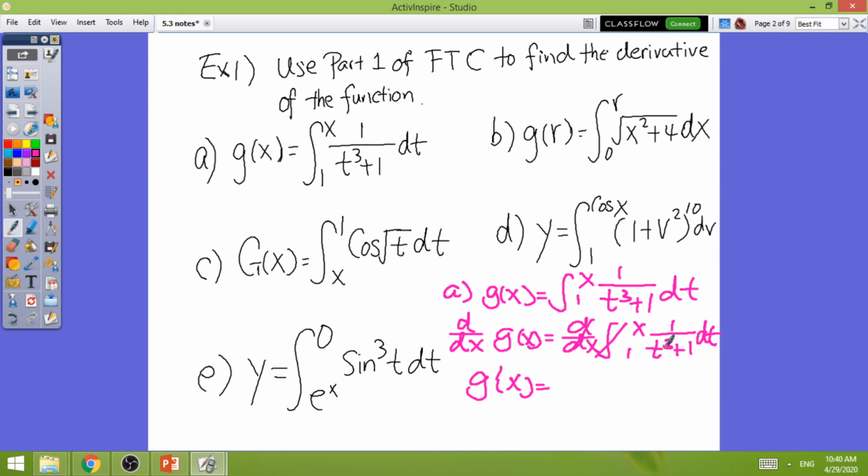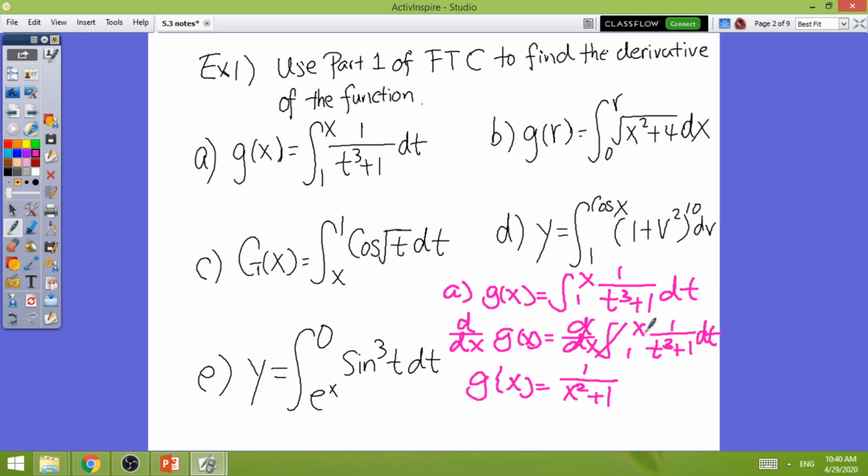The original function here, the one inside the integral, is called the integrand. The original variable is t, but now we need to replace that t by x. So we need to change that variable, and we get 1 over x squared plus 1. That turns out to be the original derivative.